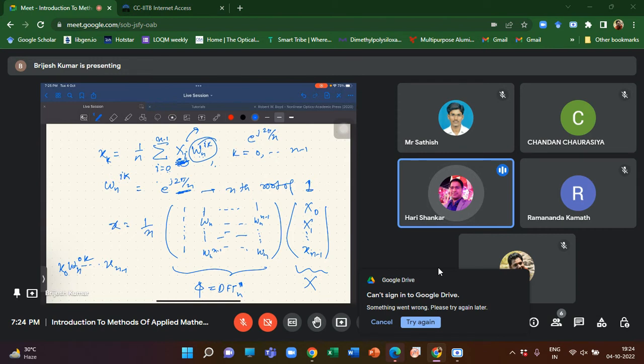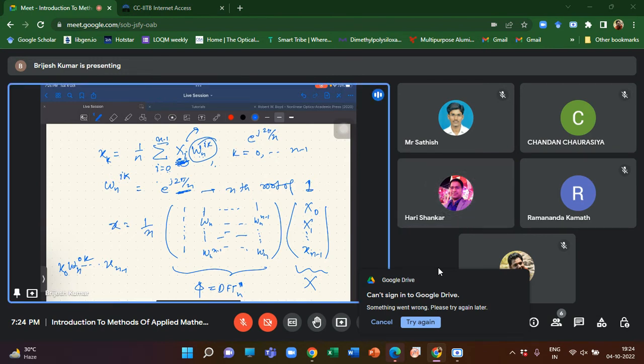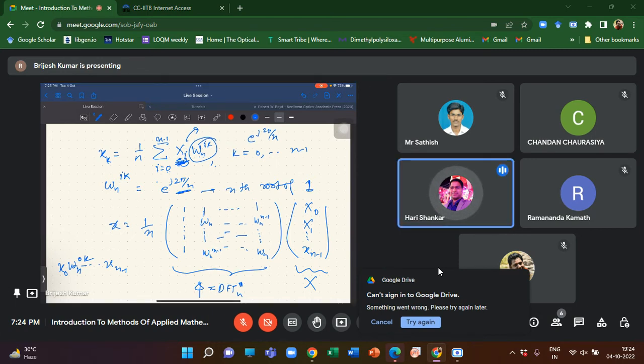Also n is varying from what? N is also varying, yes, n is also varying from 0 to n minus 1.